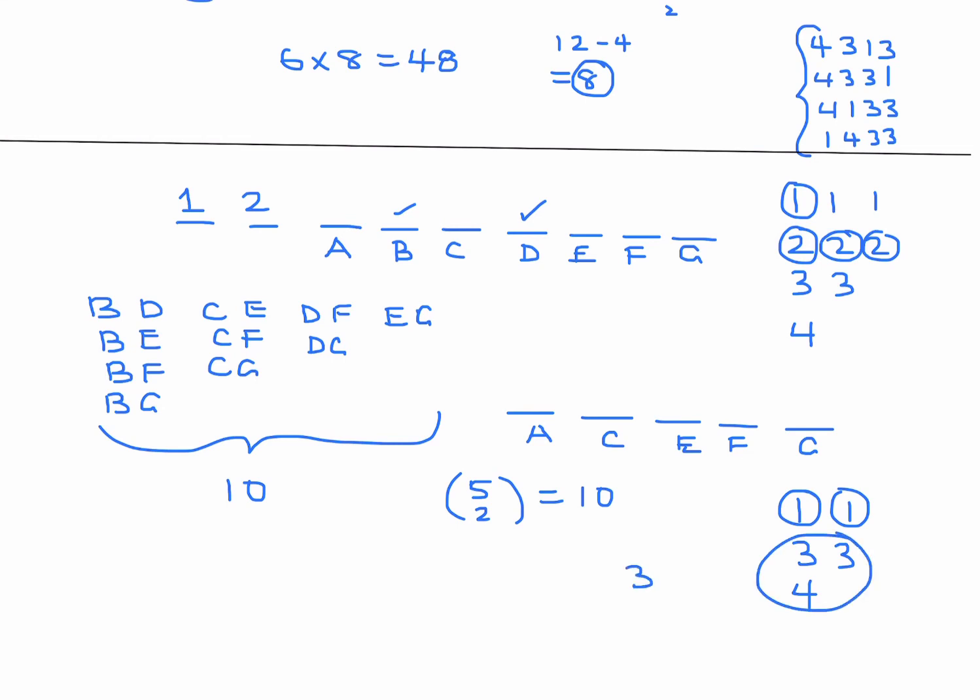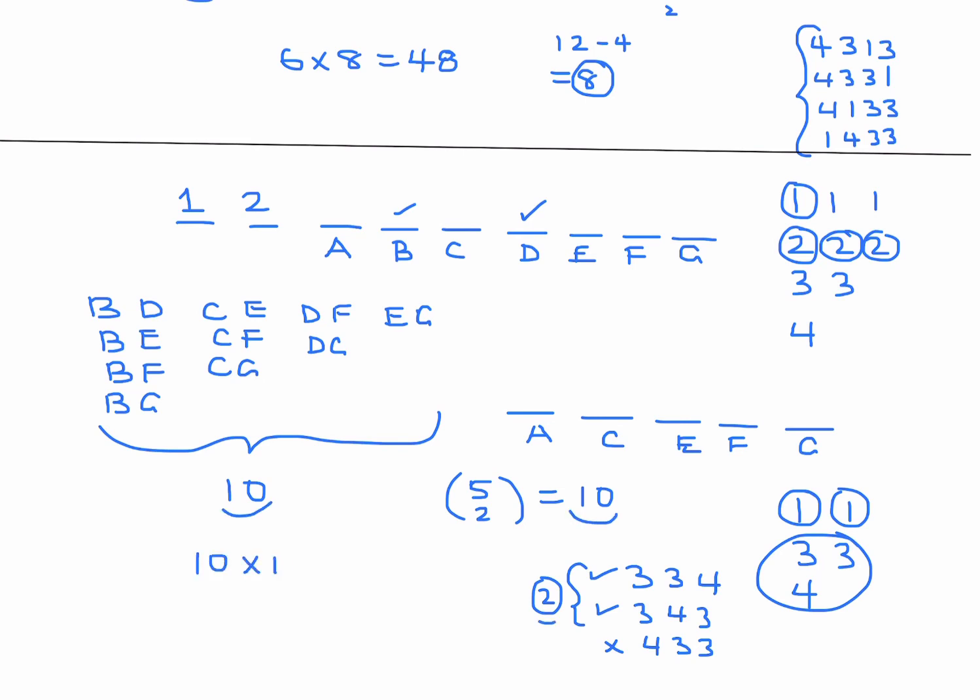And then the remaining 3 slots, I have to arrange those 3 numbers. It shouldn't be that hard. There's only a few possibilities: either 3, 3, 4, or 3, 4, 3, or 4, 3, 3. Of these, this one is invalid because the 4 cannot come before the 3. There has to be at least one 3 before the 4. So just this one, and that gives me 2 ways of placing the last 3. So I've got this 10, and this 2.